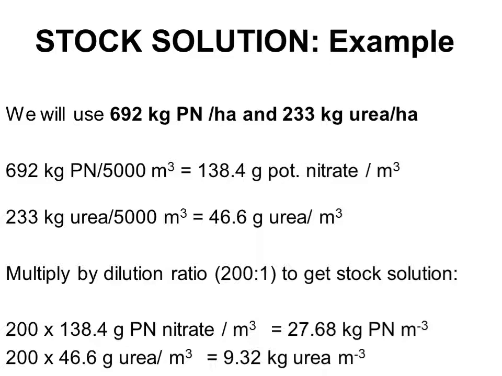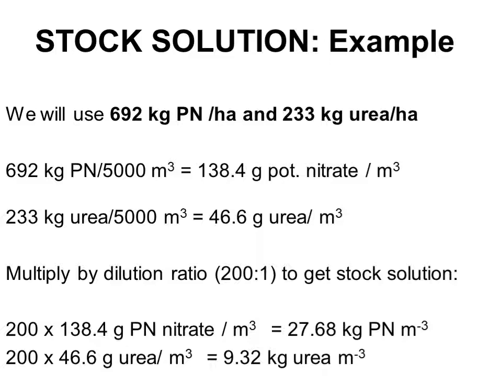But we said, no, we are not storing irrigation water with the potassium nitrate and urea added. No, we are storing a concentrated solution. As we said, we want to do a 200 times dilution to get this stock solution.